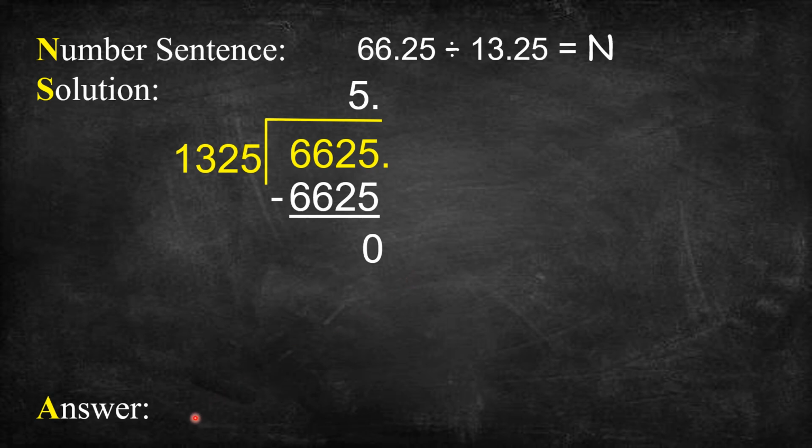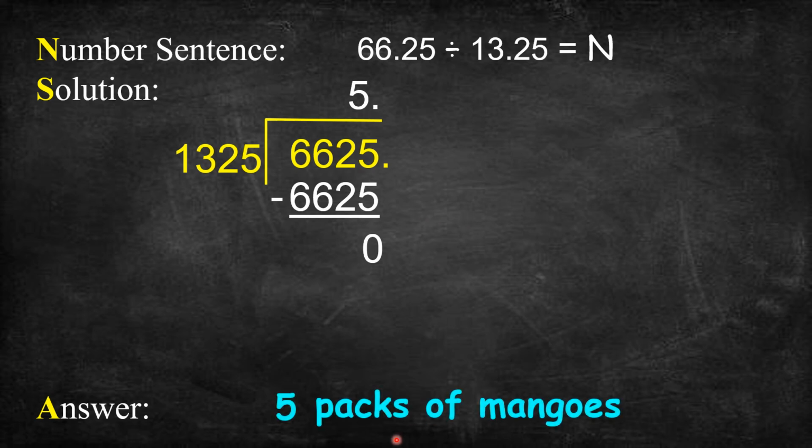But, remember, this is a word problem and meron tayong hinahanap doon sa problem. So, yung kanina, yung question is the total packs na mabubuo o makukuha ni Christine. And, from our answer which is 5, ilalagay na natin siya as a complete answer which is 5 packs of mangoes.